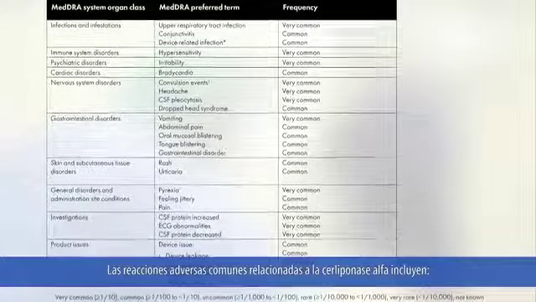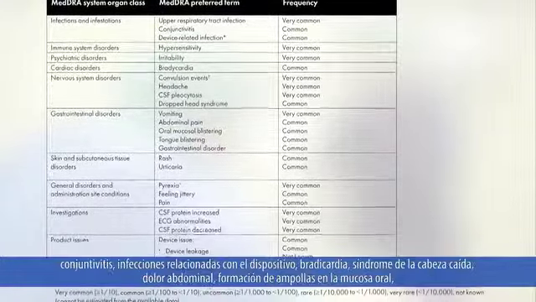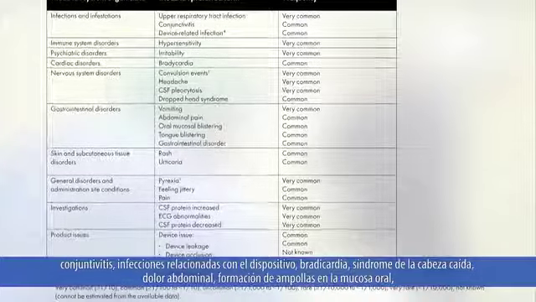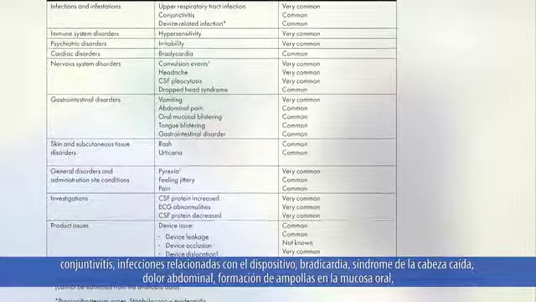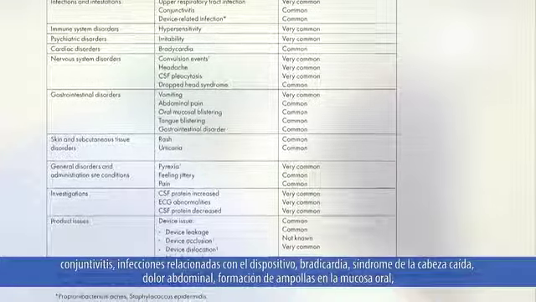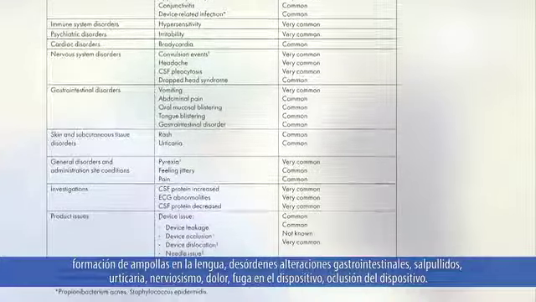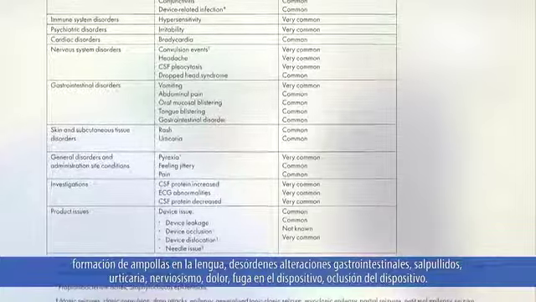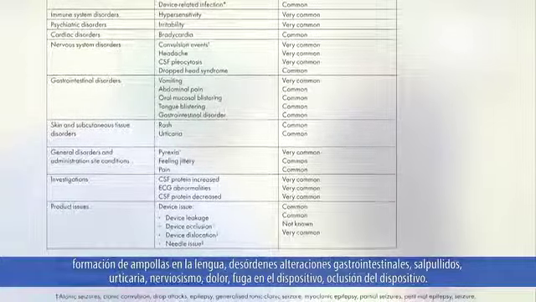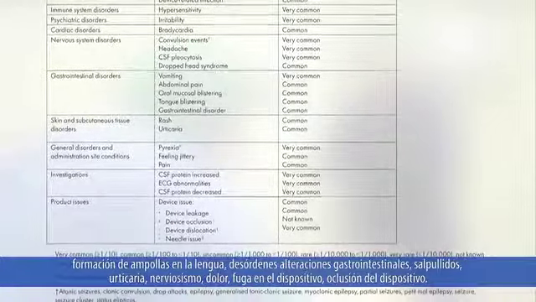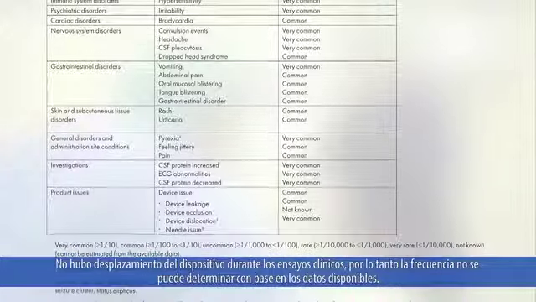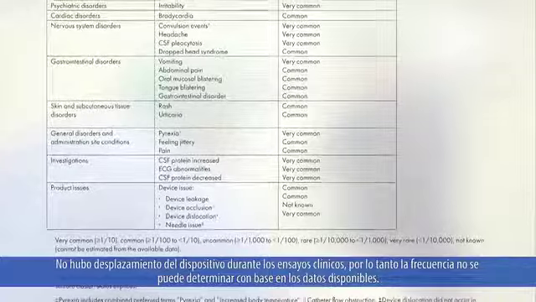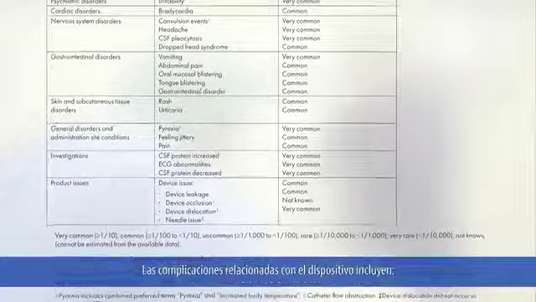Common adverse reactions with solipinase alpha included conjunctivitis, device-related infection, bradycardia, dropped head syndrome, abdominal pain, oral mucosal blistering, tongue blistering, gastrointestinal disorder, rash, urticaria, feeling jittery, pain, device leakage, device occlusion. Device dislocation did not occur in clinical trials, and therefore the frequency cannot be estimated from the available data.